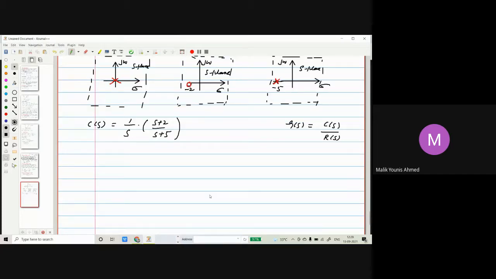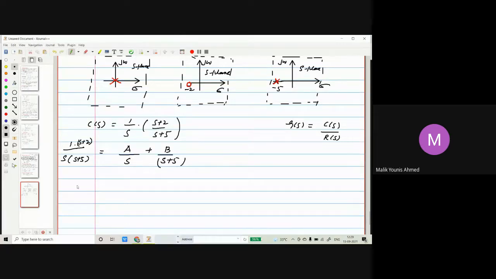Now let's solve this. The value is 1 by S into S plus 5, with S plus 2 in the numerator. We can write this in partial fractions as A by S plus B by S plus 5.